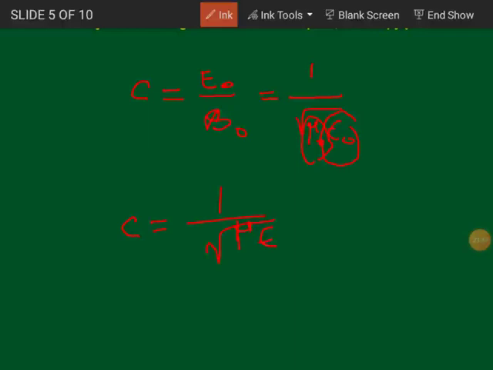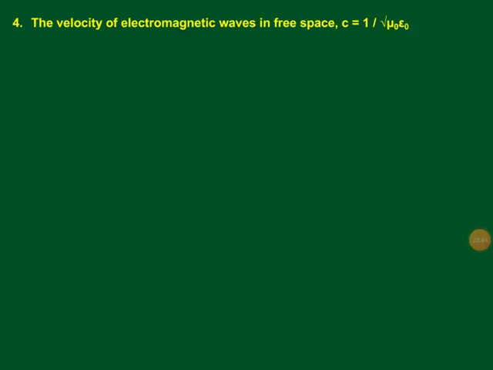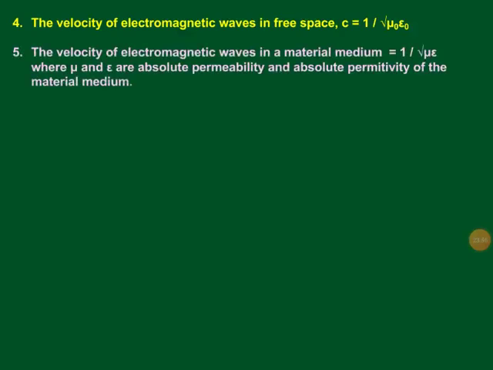Okay, so let's see the next part: the velocity of electromagnetic waves in a material medium. If it is in a material medium other than vacuum, then c is 1 by root over mu epsilon, where mu and epsilon are the absolute permeability and absolute permittivity of the material medium.